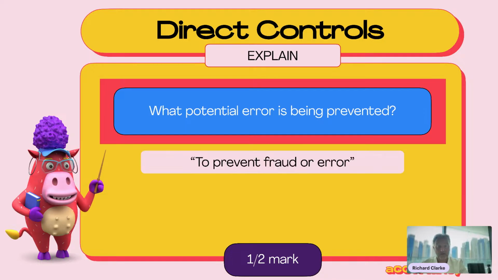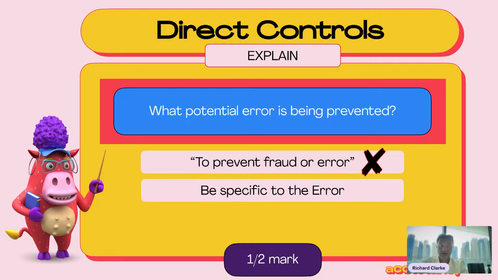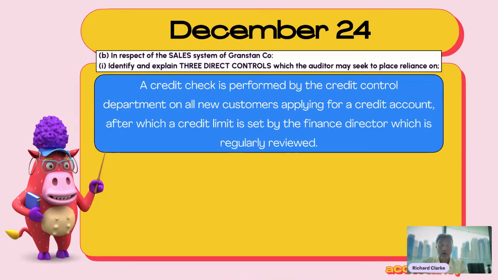What potential error are they trying to prevent? That's all you've got to write. Do not write to prevent fraud or error, because all direct controls are to prevent fraud or error. What you've got to be is specific to the error. And if you are, you'll get yourself another simple half mark, which we all quite like.